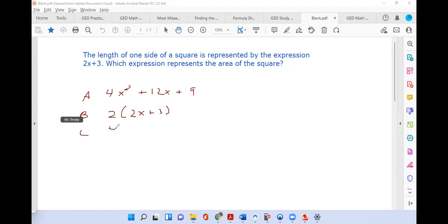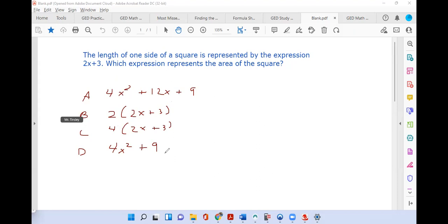And C is 4 times 2x plus 3. And D is 4x squared plus 9. So the length of one side of a square is represented by the expression 2x plus 3, which expression represents the area of the square. So I'm going to give about 2 minutes to see what you would do to solve this problem.